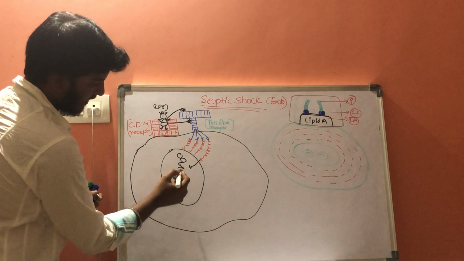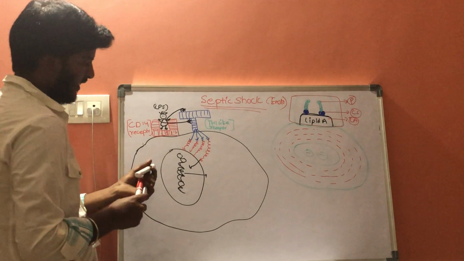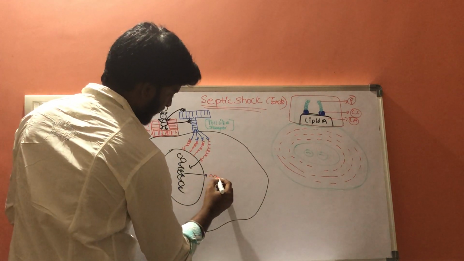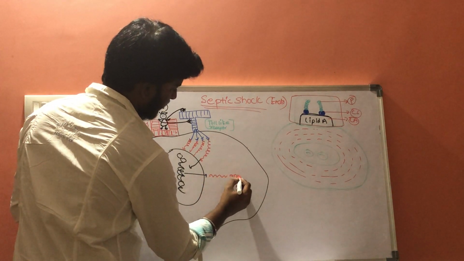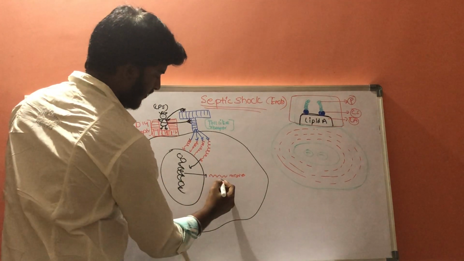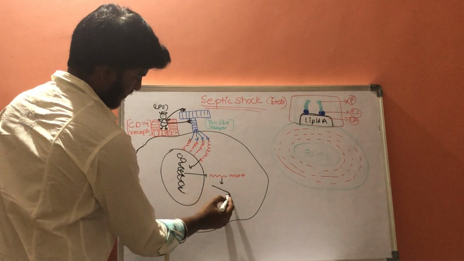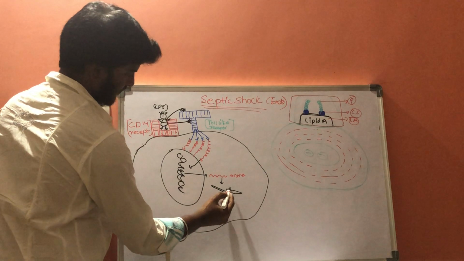Whenever it is activated, it may undergo transcription and translation. It forms mRNA. Now this mRNA will undergo translation, which results in formation of proteins. Let us consider this is proteins.